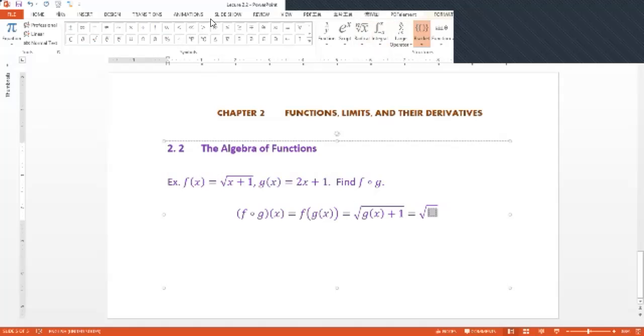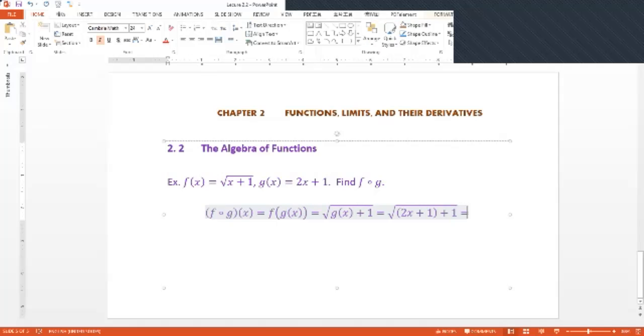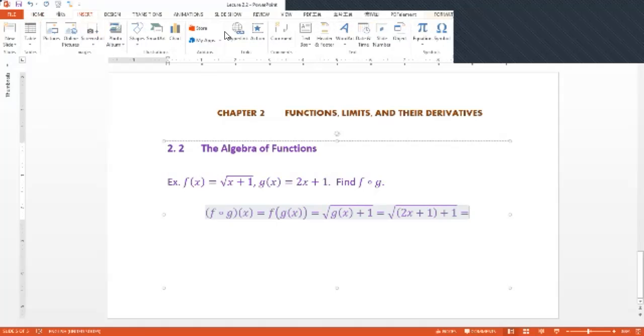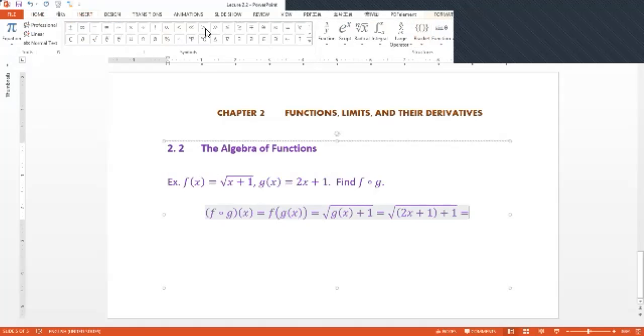Let me just write details. So that's just the g, and then we have 1 inside, right? So that's 2x plus 1 plus 1. So at the end, it just becomes square root of 2x plus 2, isn't it? So that's pretty simple, right?